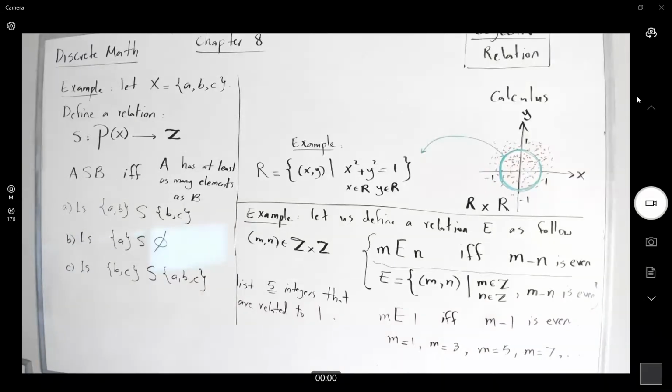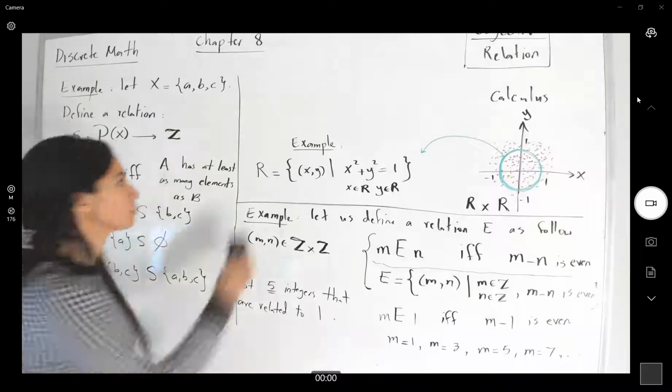Very well. So let me erase this part of the board.